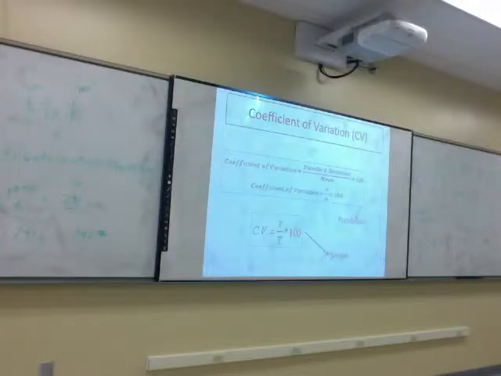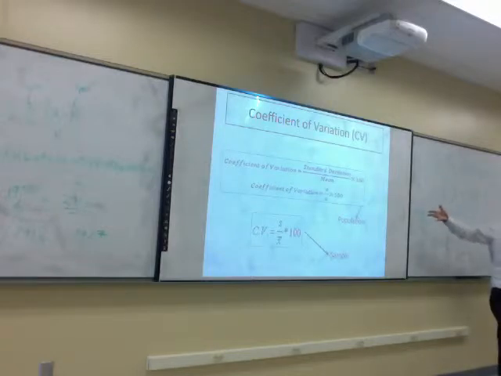Does that make sense? Coefficient of variation. So the idea of coefficient of variation is that I can compare two units that are different, right? If I'm taking the distance you travel here and the time it takes you, I can use the two of them with different units to measure. But if I'm pulling data from the same population that has the same unit, I can use standard deviation.